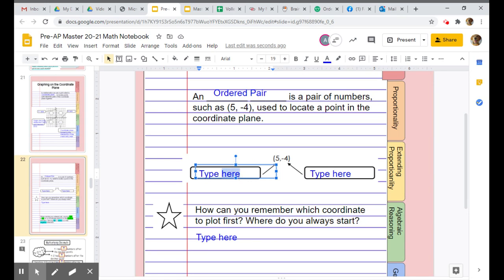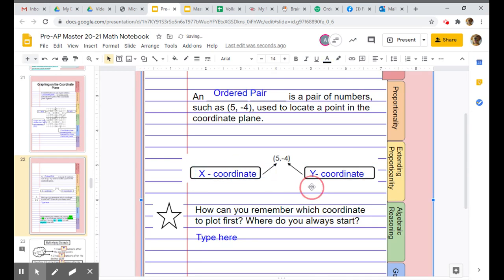The first number listed is always going to be our x coordinate. That is the one that is going to be on the x-axis when we're looking for it. The second number that is always listed is our y coordinate. It is telling us where to go on the y-axis.